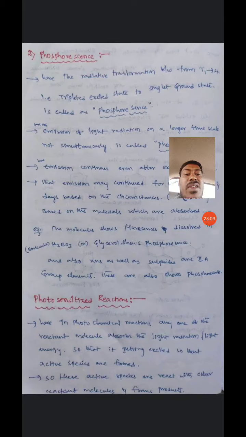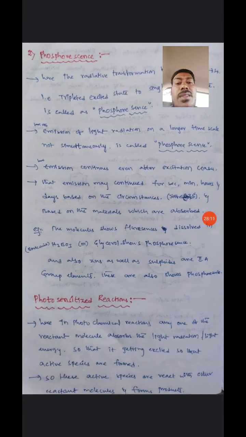The emission of light radiation on a longer time scale, not simultaneously, is called phosphorescence.